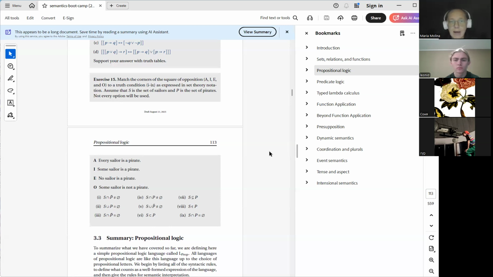So the set of sailors equals the set of pirates, right? So it's not 7. It's not 6. It's which one?